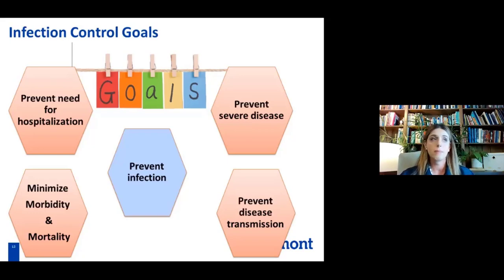However, that cannot be avoided in some situations. But if we follow the measures correctly, I think the risk goes down significantly. Even if the patient catches an infection, we want to prevent severe disease, the need for hospitalization, and transmission as well, minimizing the morbidity, which is the complications that I just mentioned, and also the mortality, death at the end of the day.